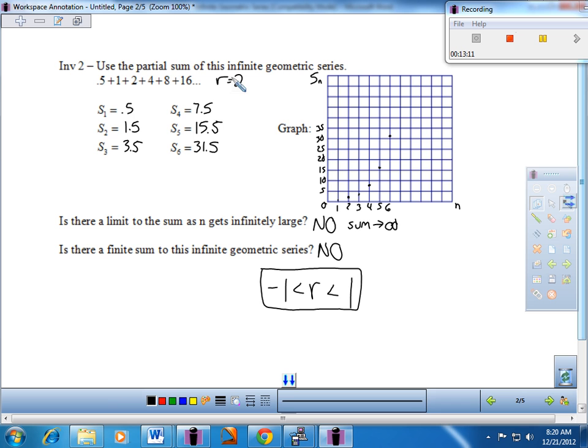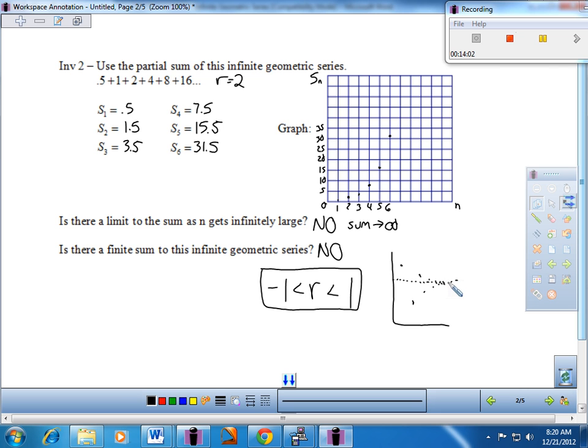Now, just one thing to note, students have asked about this one over the years, and you don't have to do this on your paper, but when we have an R value that fits in on the lower end, maybe an R value of -1/2 or something like that, what's fascinating about the way the sums work out is it would go like this visually. I'd get a sum up there and a sum down there, a sum up there, a sum down there, up, down, and what would happen is you would be getting infinitely close from both directions towards a particular number.